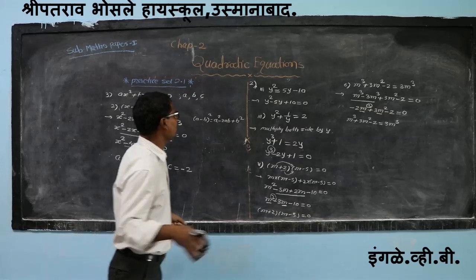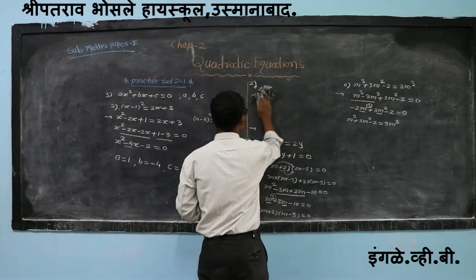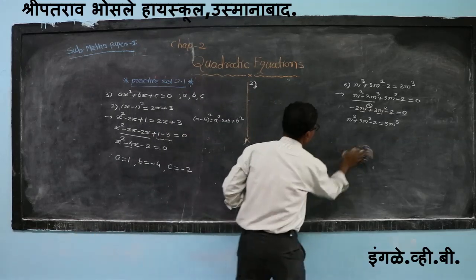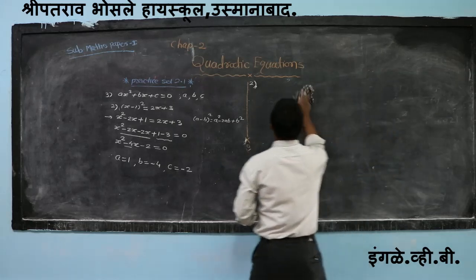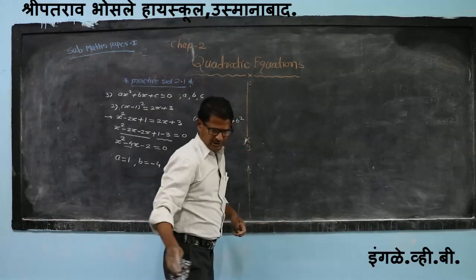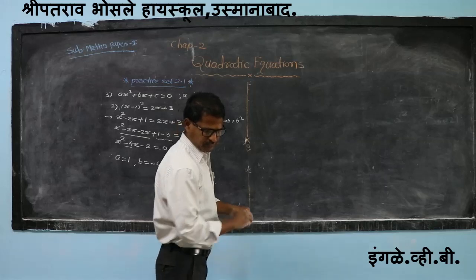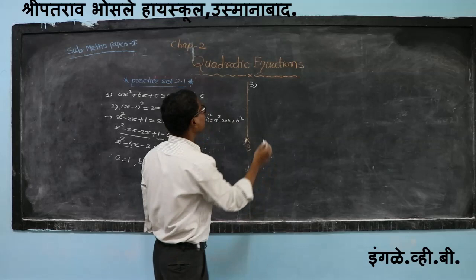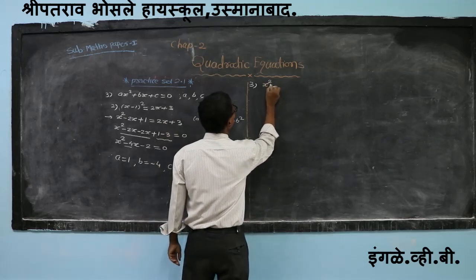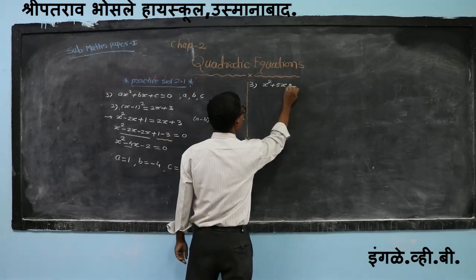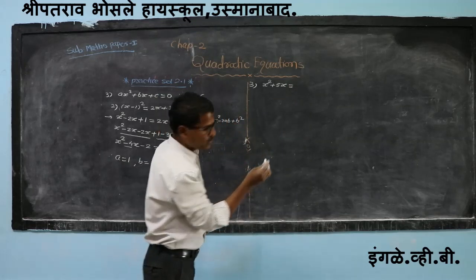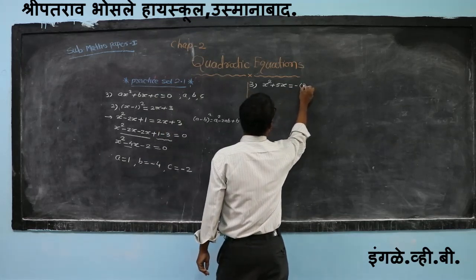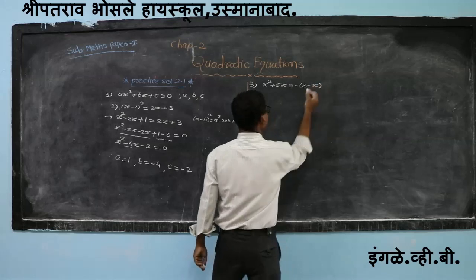Now example number 2. Next example. Example number 3. x square plus 5x is equal to minus in bracket 3 minus x.